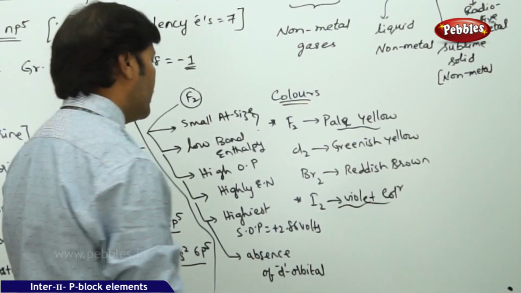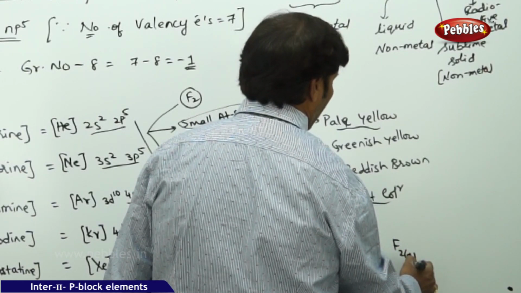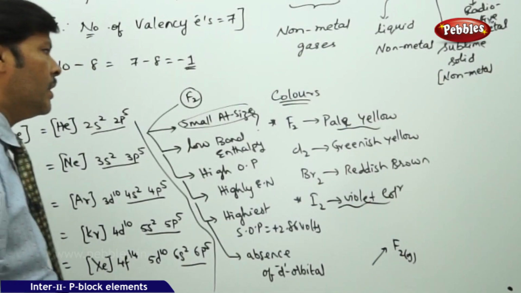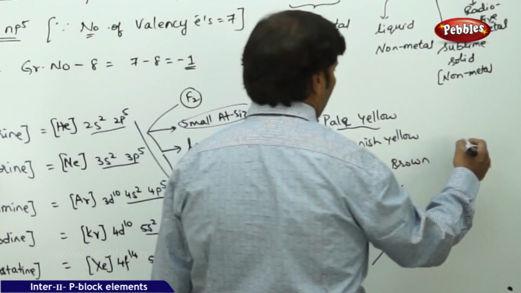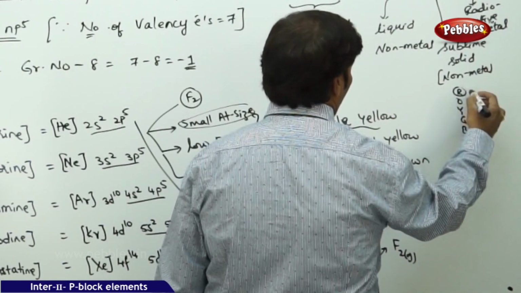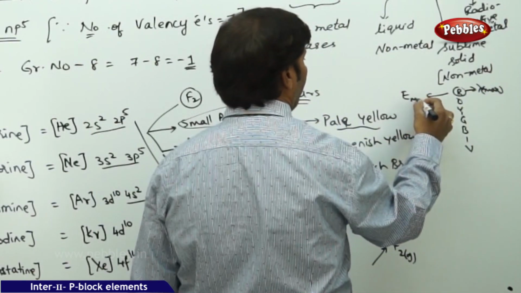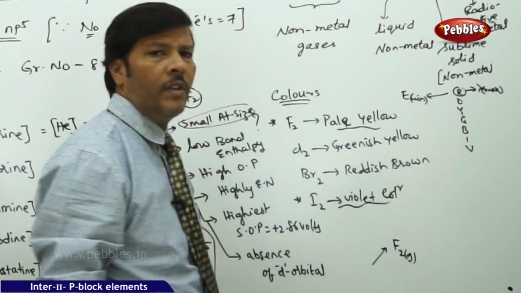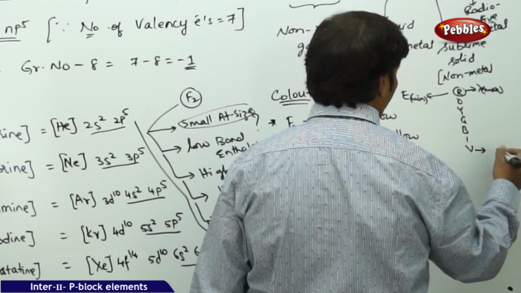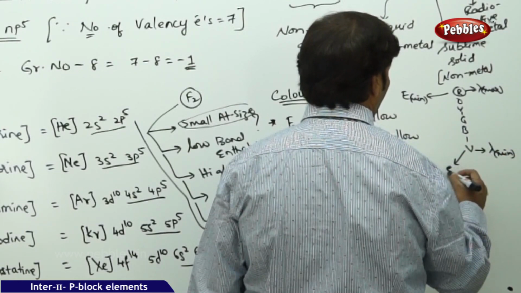Interestingly, because of its smaller atomic size, fluorine tries to absorb radiation of higher energy. In the electromagnetic spectrum, we have violet, indigo, blue, green, yellow, orange, red. Red has maximum wavelength and minimum energy, while violet has minimum wavelength and maximum energy.